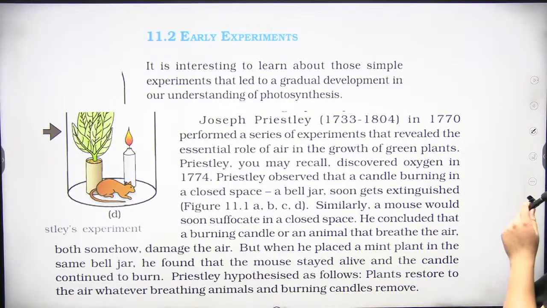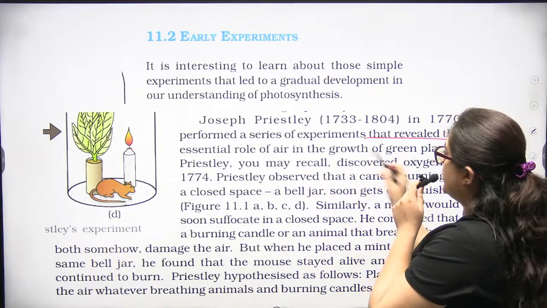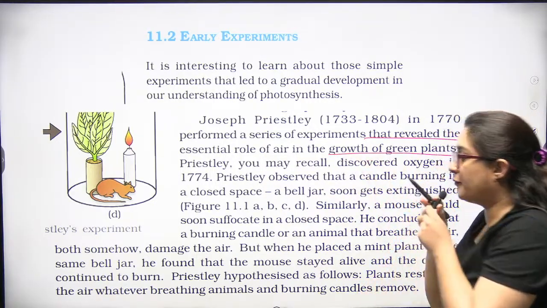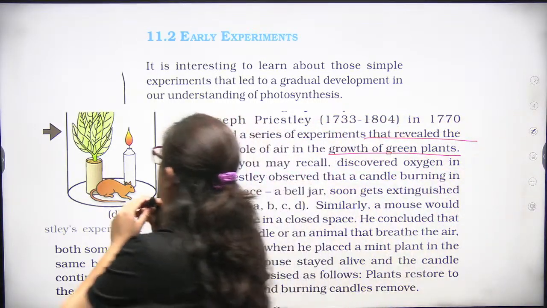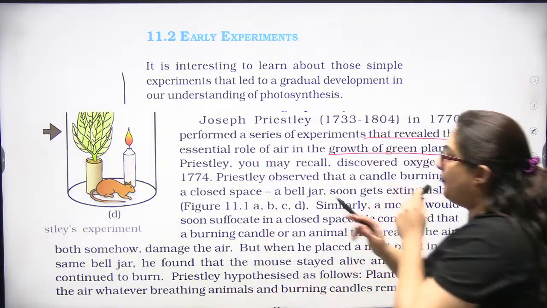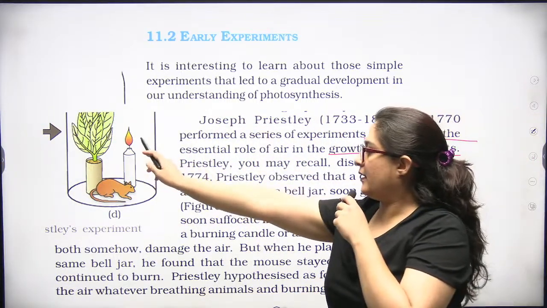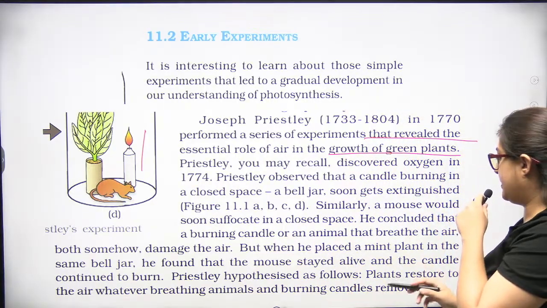Now, early experiment: Joseph Priestley performed a series of experiments revealing the essential role of air in the growth of green plants. Role of air in green plants. A bell jar is there, a leaf is there, a burning candle is there.